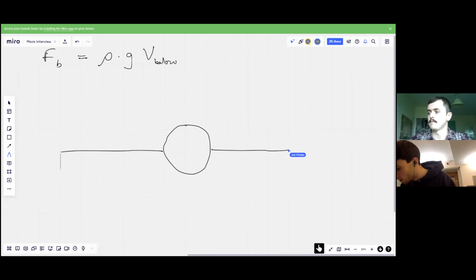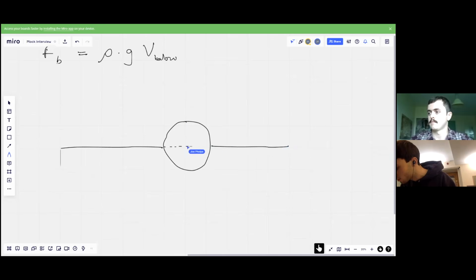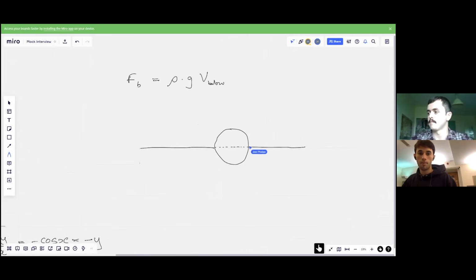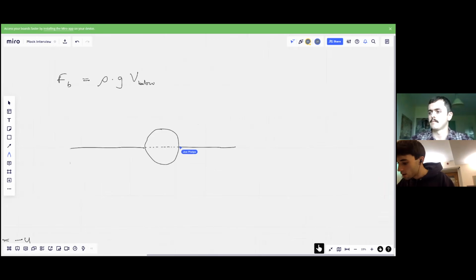So if this is the surface of the water, sorry, an expression for the, what was it? So it's between the density of the fluid that this sphere is floating in and the density of the sphere. So I'll call that rho F and rho S.